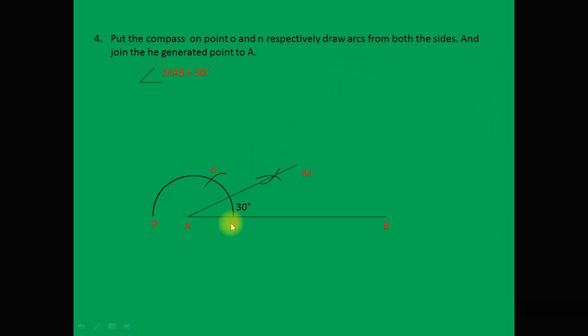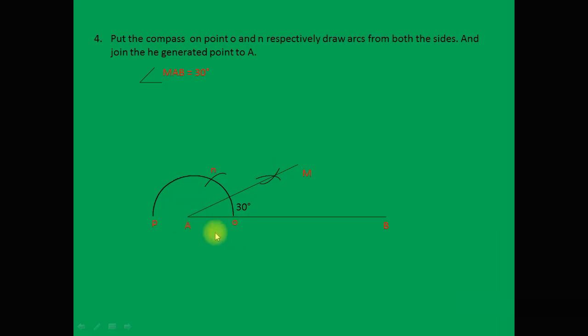So simply dear students, put the compass at this point O and draw an arc, and now put the compass at this point N and draw another arc, and join the generated point to the point A.